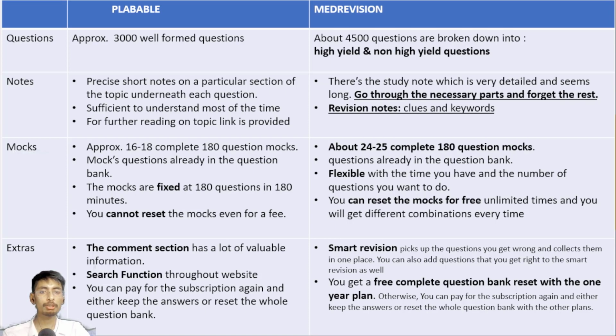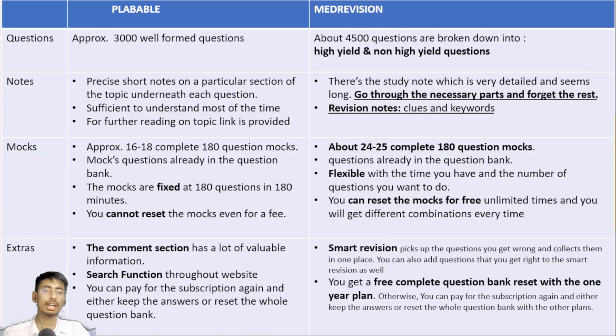The good thing about Medrevision is they have divided their questions into higher-yield questions, which are basically old or repeated questions or recalls, similar to Plabable, and non-high-yield questions, which are pretty much new and atypical questions.